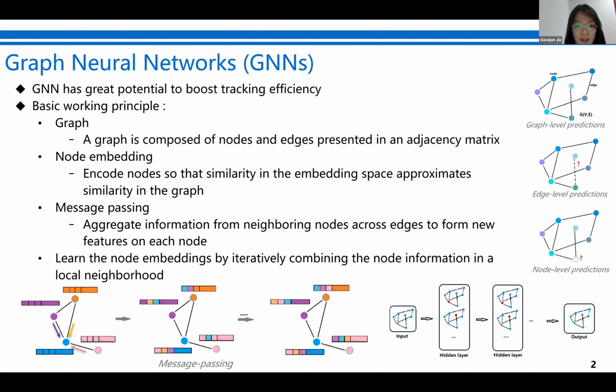Here I use an example to briefly introduce how it works. As the input of GNN, a graph is composed of nodes and edges. Let's assume this is our input graph. We see that there is one pink node with a pink state.